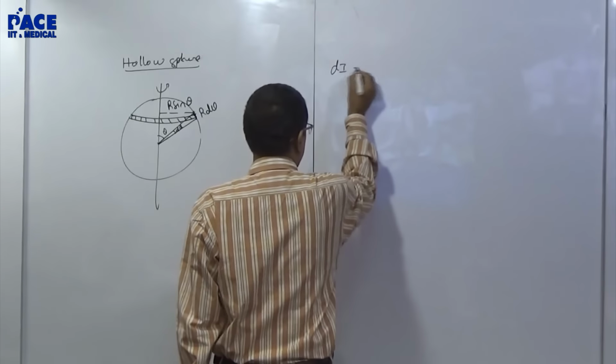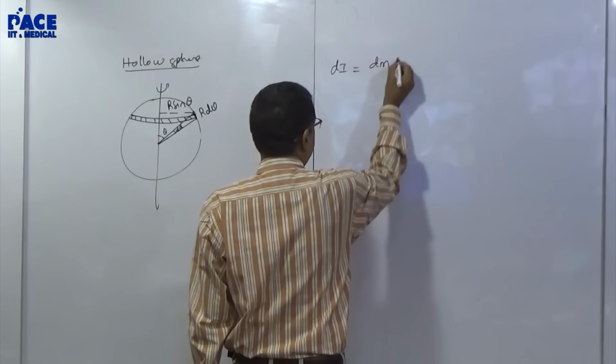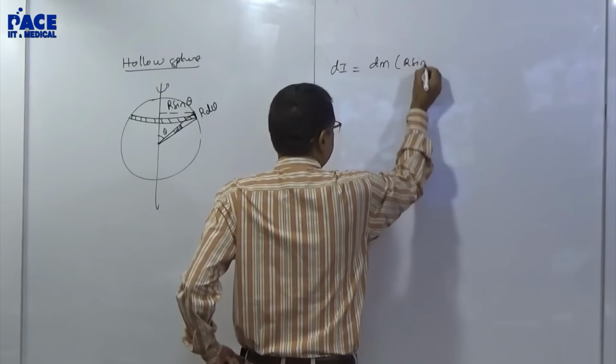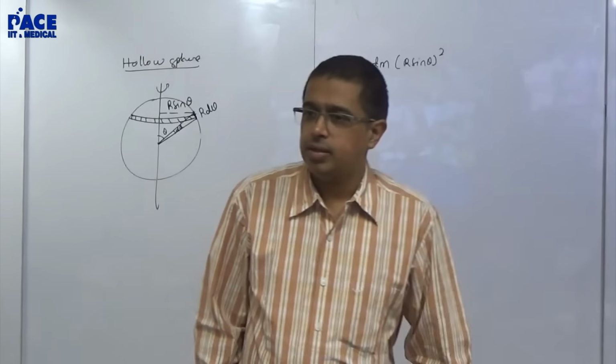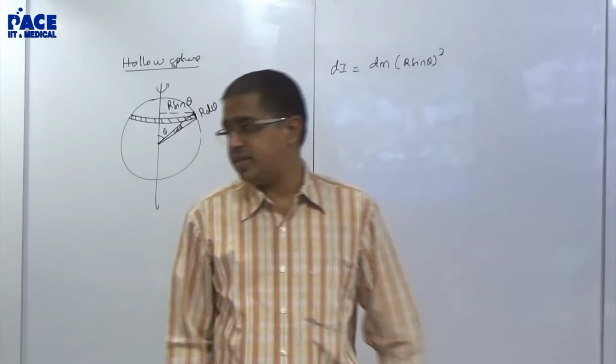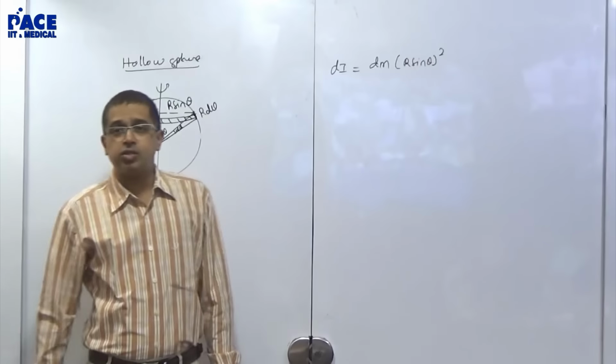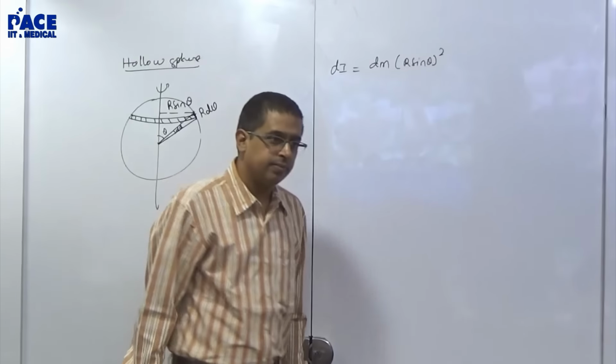Now dI will be dm times r sin theta whole square. This was the formula for a ring. The radius of the ring is r sin theta in this case. mr square is the formula for the ring.